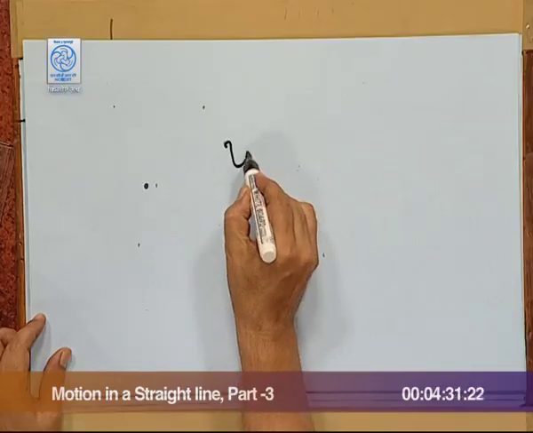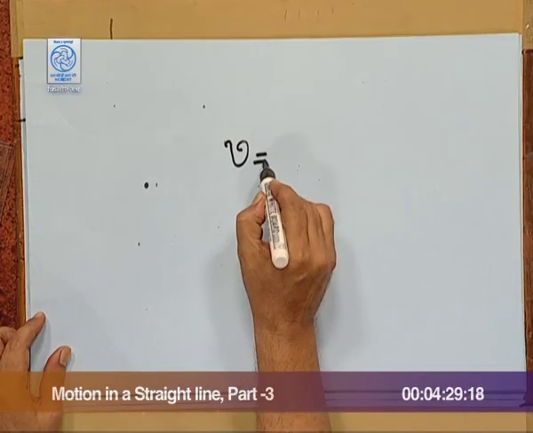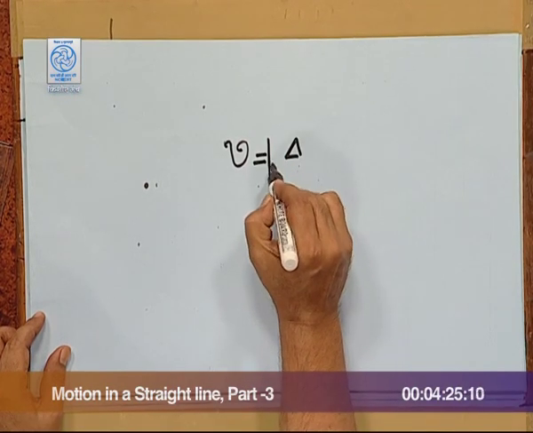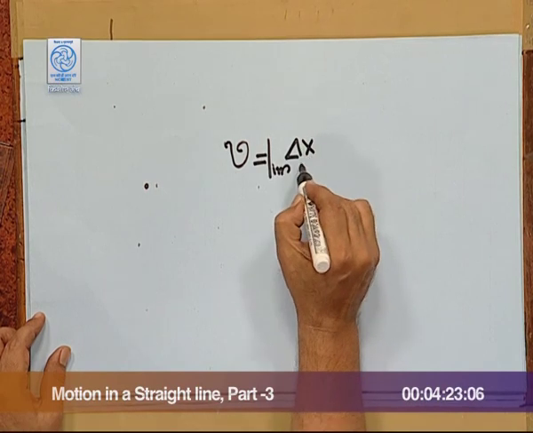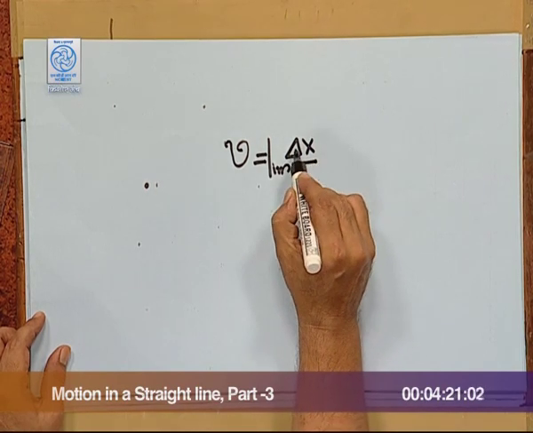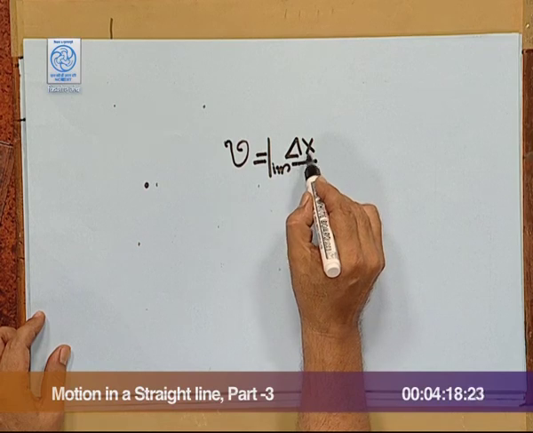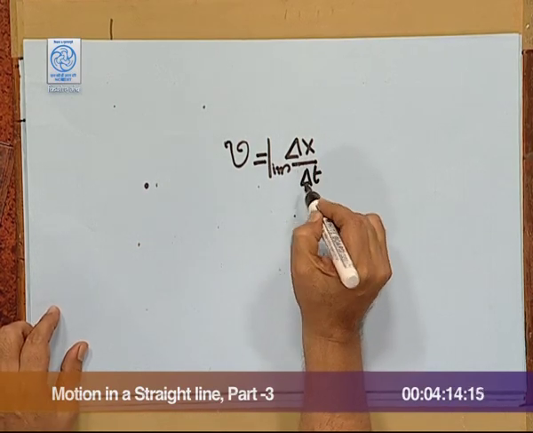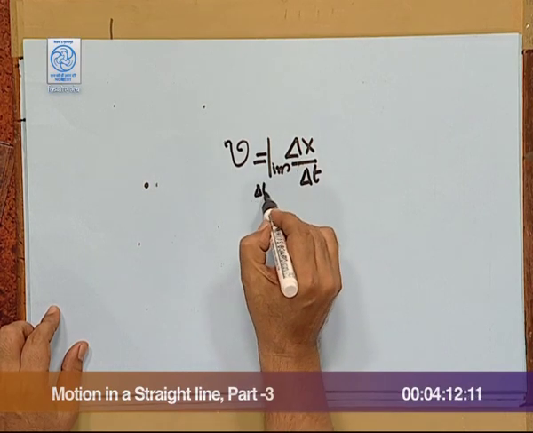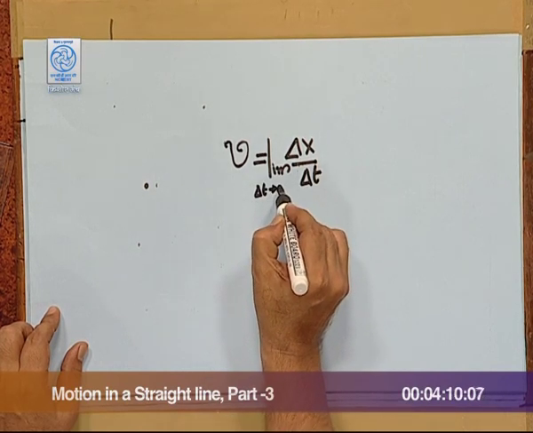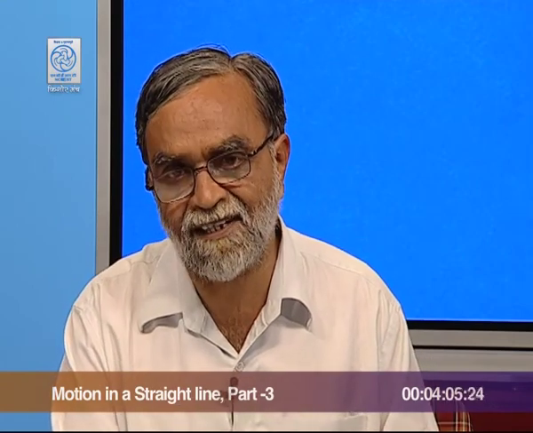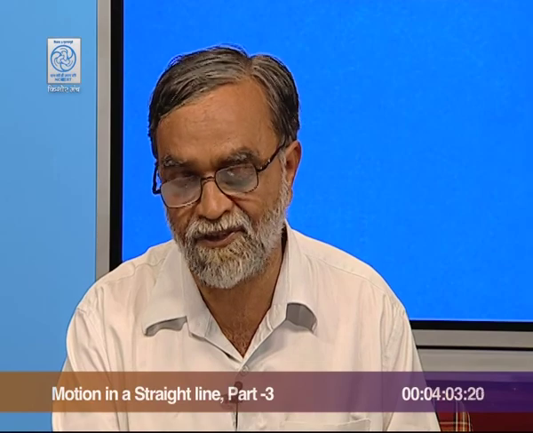When we say instantaneous velocity, we write v as the limit of the change in position coordinate, delta x, which is nothing but displacement per unit time when the time interval is very, very small. So, we write v is equal to the limit of delta x by delta t as delta t tends to 0.